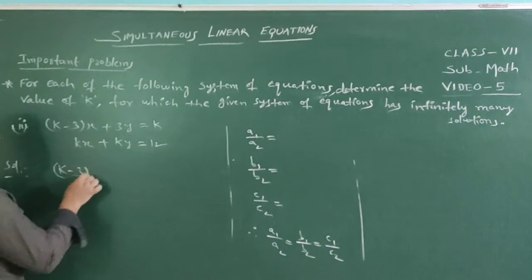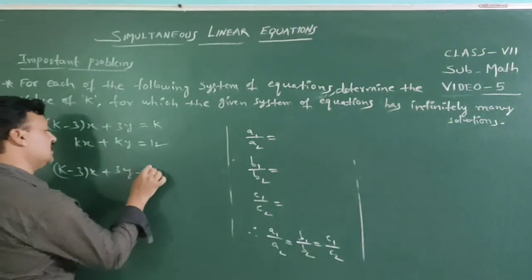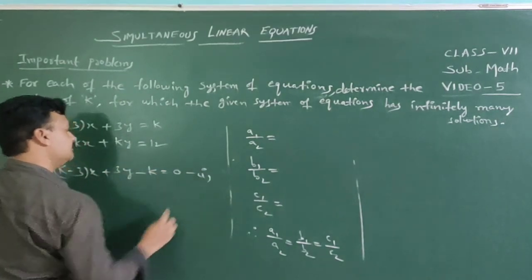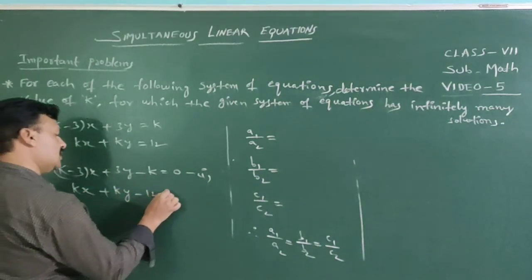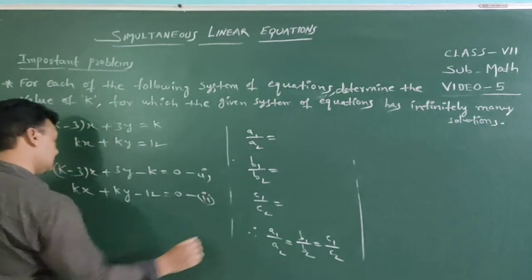Here (k minus 3)x plus 3y minus k equals 0 is the first equation, and kx plus ky minus 12 equals 0 is the second equation.